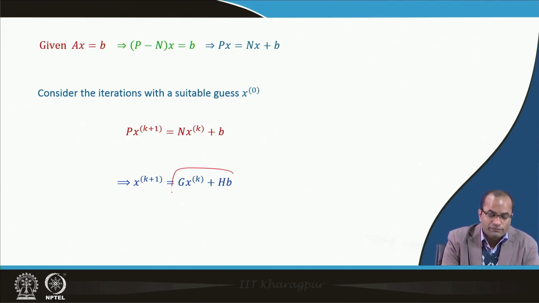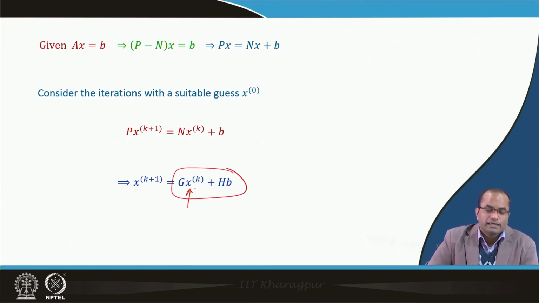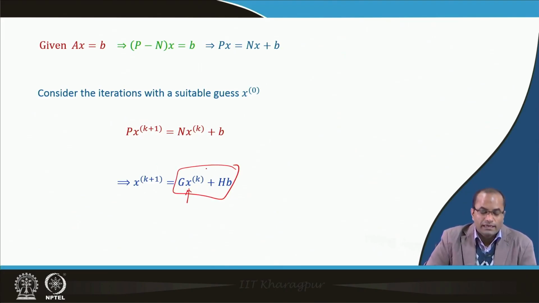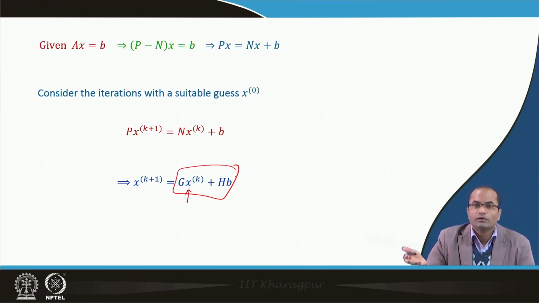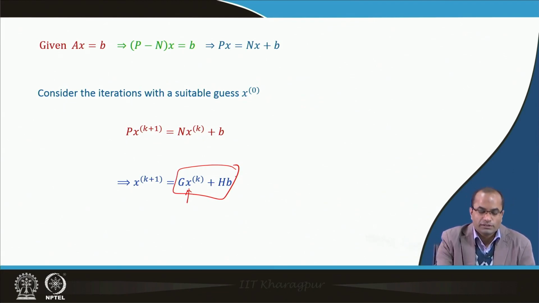H b. Given a value of x k, we will compute G x k plus H b, and we call that number x k plus 1, because substituting some value of x k there will not give the exact solution. The exact solution would satisfy x equals G x plus H b.